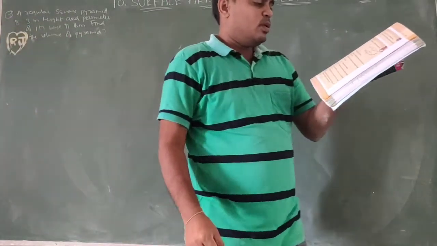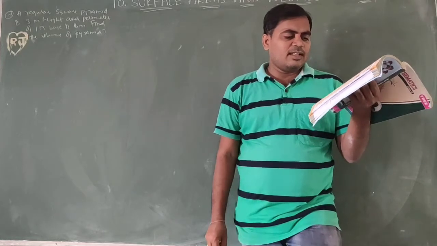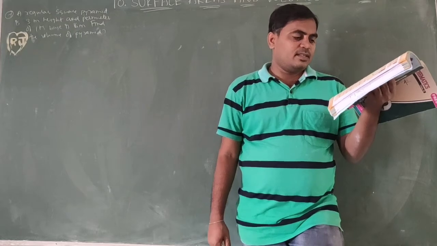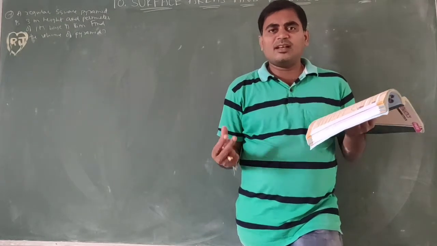Now, a regular square pyramid is 3 meters high and the perimeter of its base is 16 meters. So the base shape of the pyramid is a square. Solution: the base of the pyramid is a square.